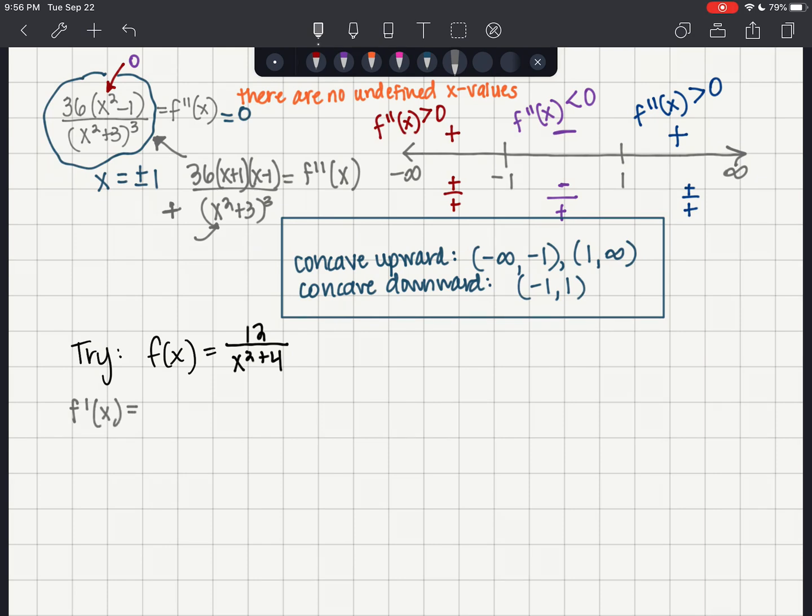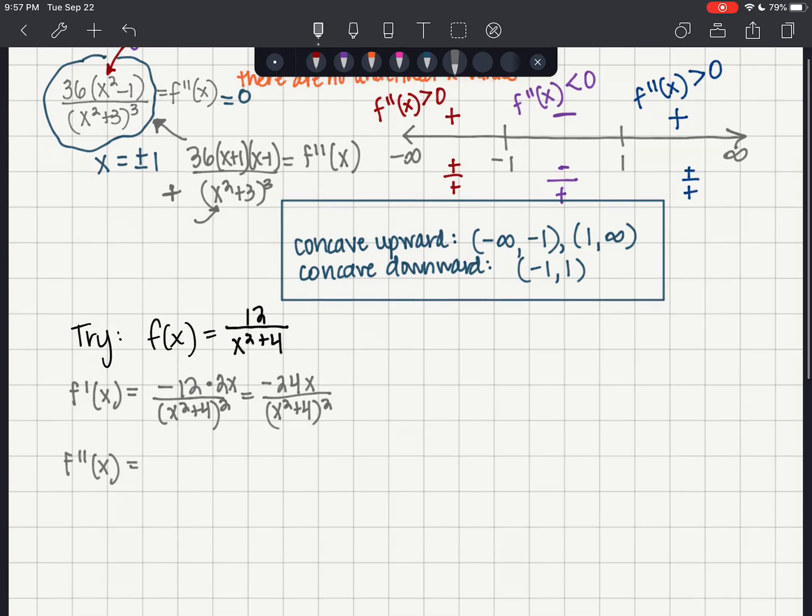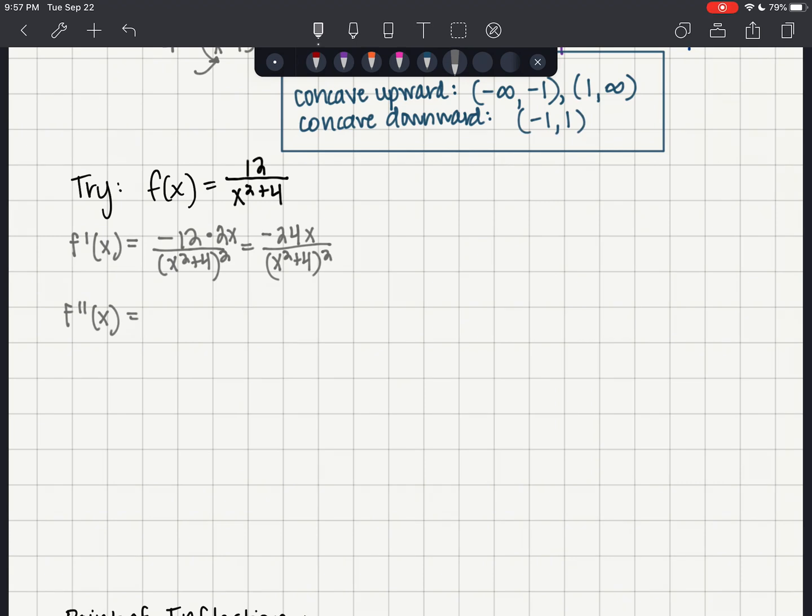Okay, I've got f prime of x is equal to negative 12 over (x squared plus 4) quantity squared, and then I'm going to have times 2x in the numerator, so that's negative 24x over (x squared plus 4) quantity squared. My second derivative is going to involve the quotient and chain rule.